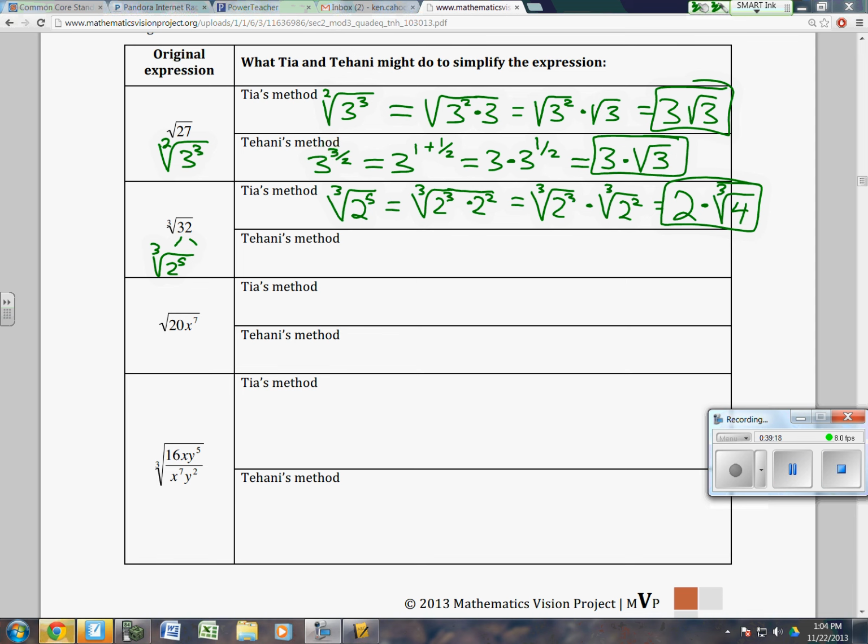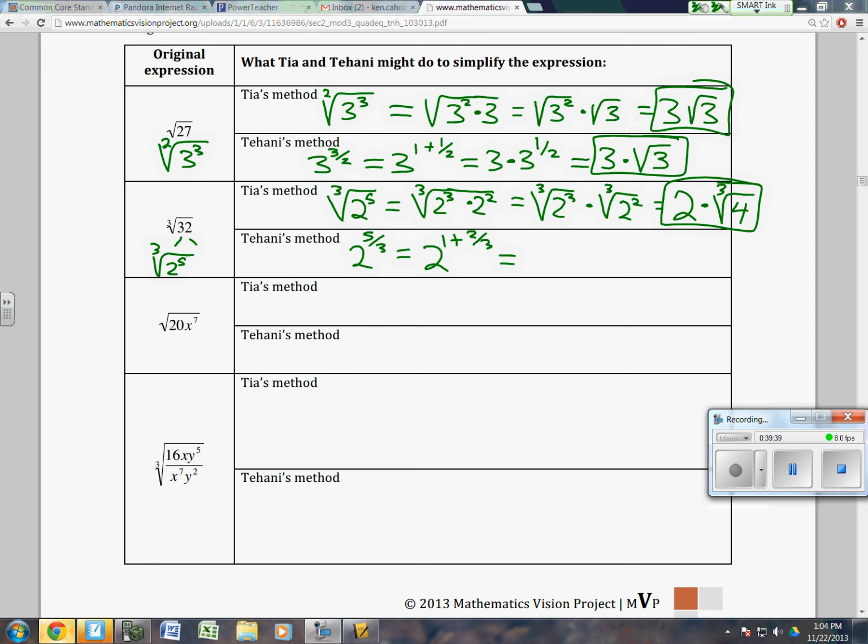Now this method, I would write 2 to the 5/3 power, right? How many times does 3 go into 5, everybody? 1 and 2/3 times. So I'm going to write 2 to the 1 plus 2/3.